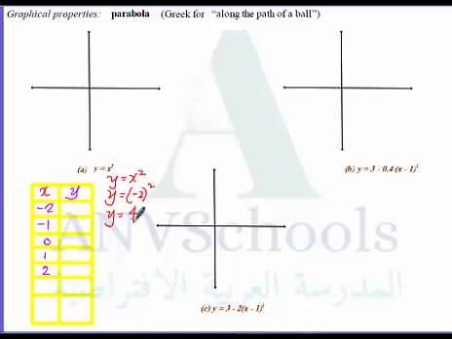So this is +4. And if you insert -1, it will be 1. Then 0, 1, and 4. Okay, so I don't need this anymore.